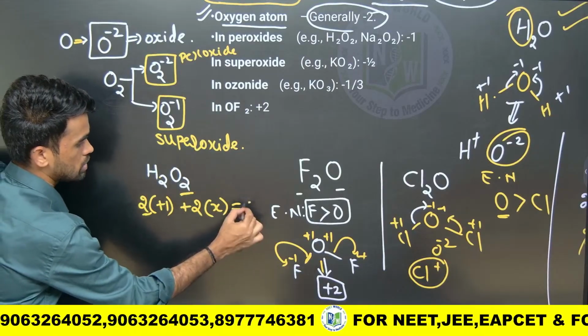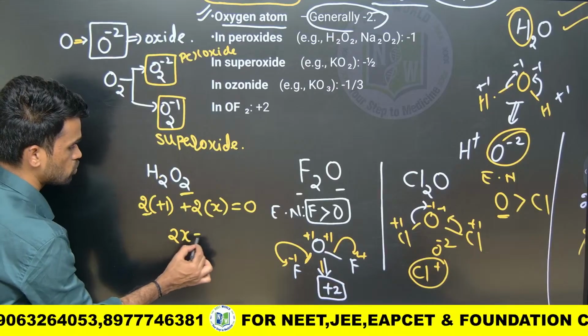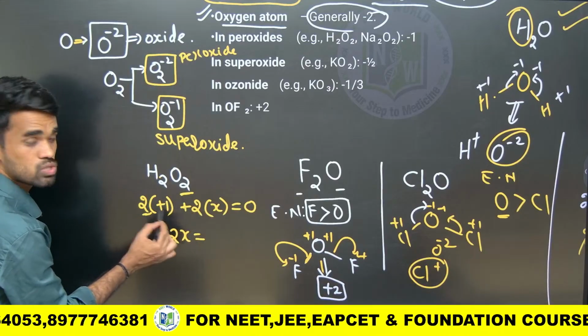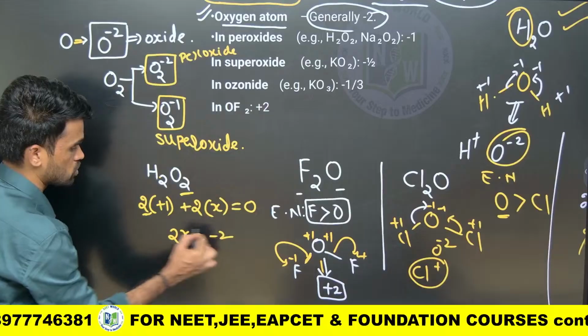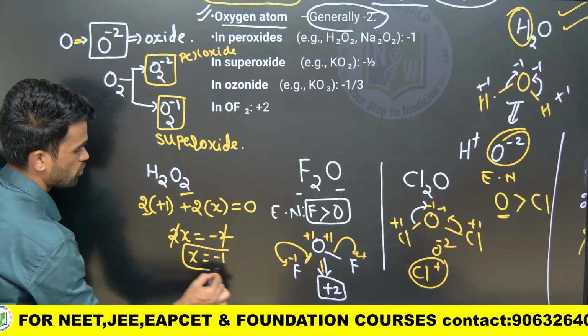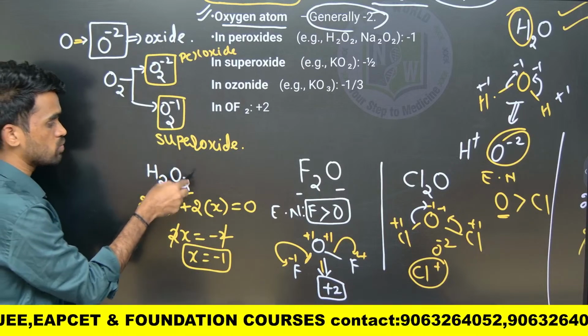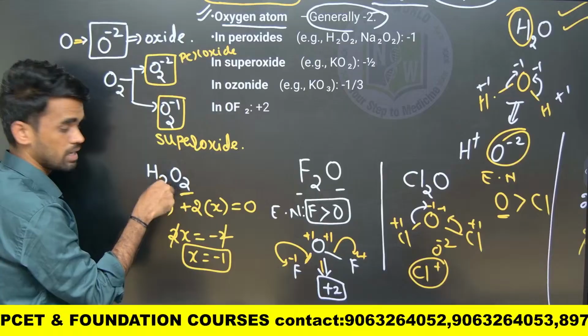Overall molecule is neutral, so equal to 0. So now 2x equals how much? This is +2, send that side, it will become -2. So x equals -1. So each oxygen atom in this case is -1.